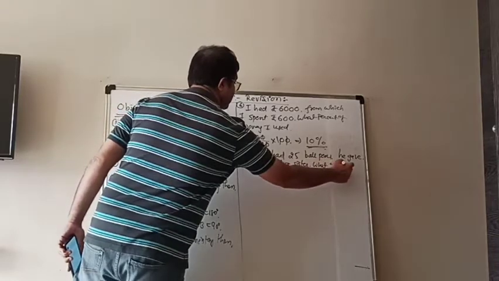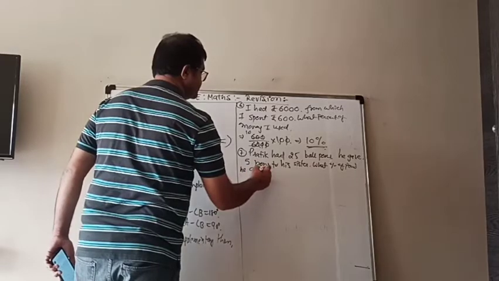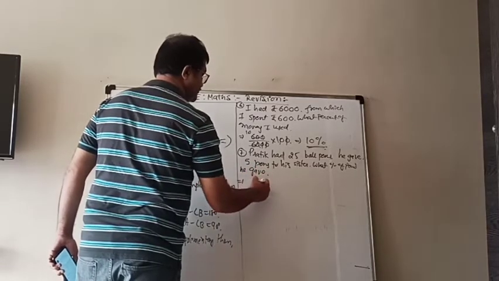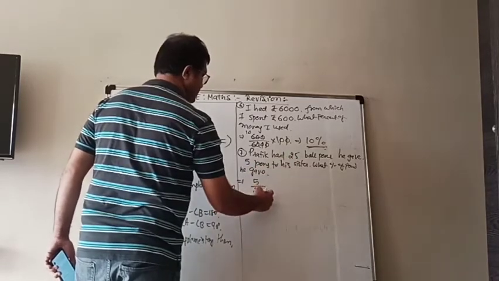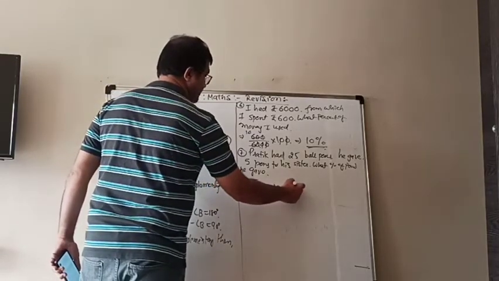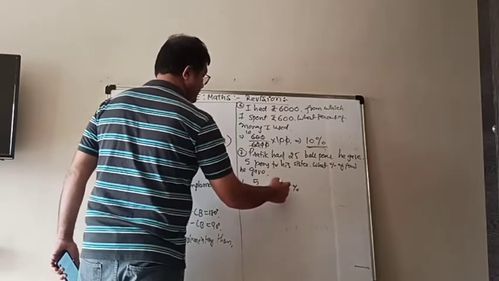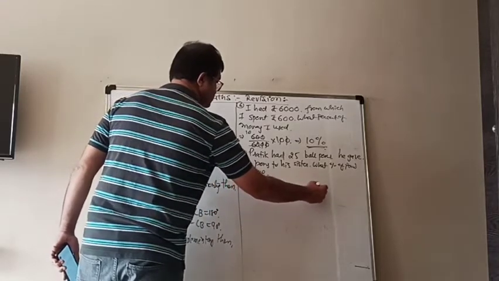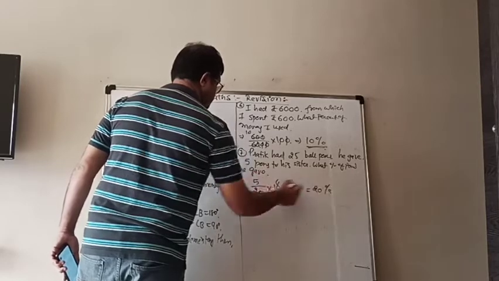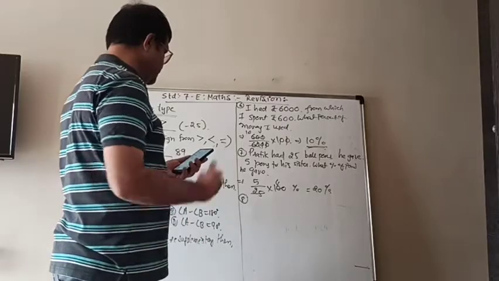What percent of pens did he give? So here 5 pens out of 25 multiplied by 100%. 25 fours are 100, so 5 fours are 20%. So 20% of the pens he gave away.